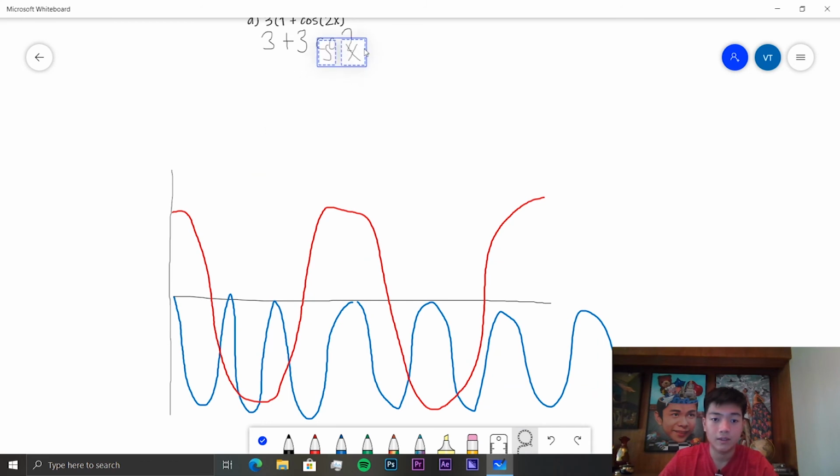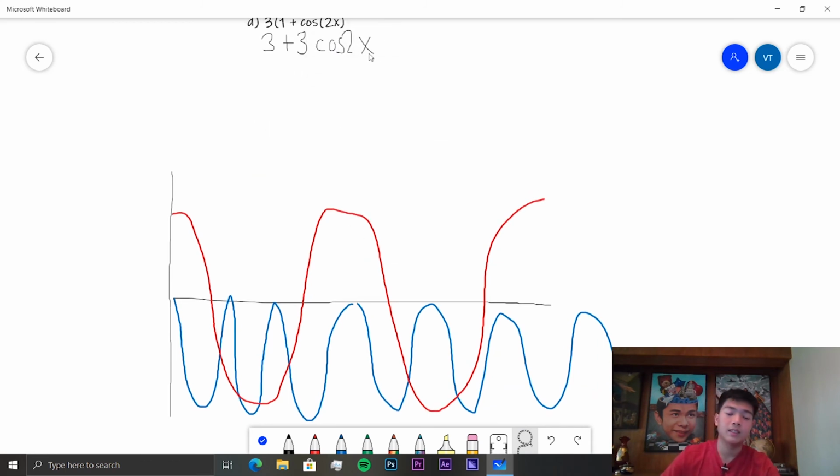Let's fix our equation. There we go. So the 3 means we're, of course, adding 3 to the height. And then the 3 over here means we are stretching it vertically by a factor of 3. And then we're squashing it horizontally by a factor of 2.